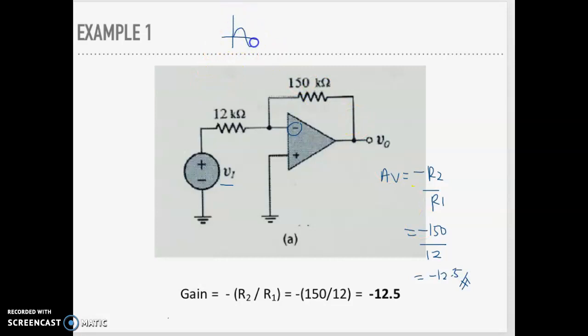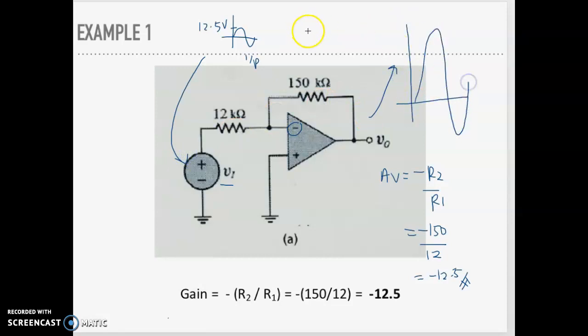So what does 12.5 mean? If you apply 12.5 volts as the input here, what will be the output? You know your gain is equal to V out over V in, equal to minus 12.5.